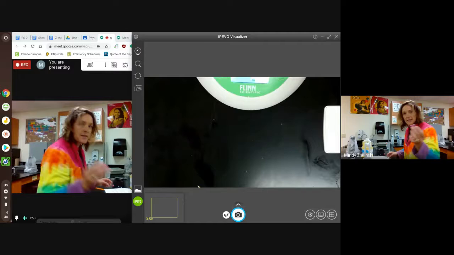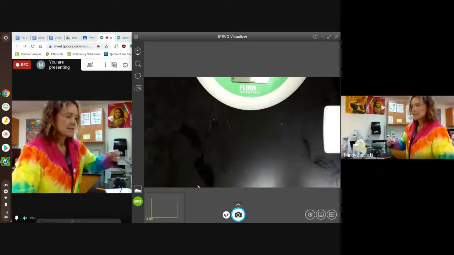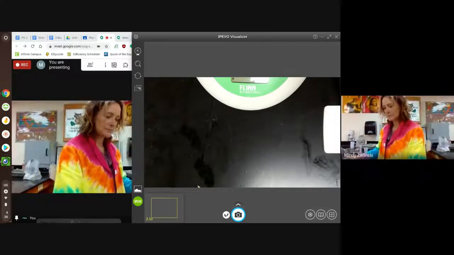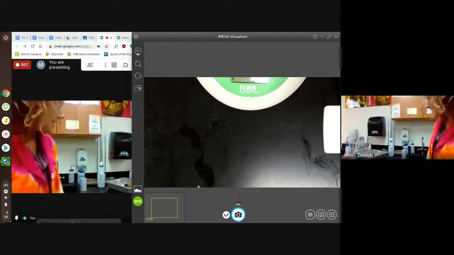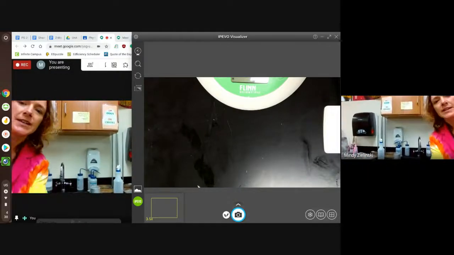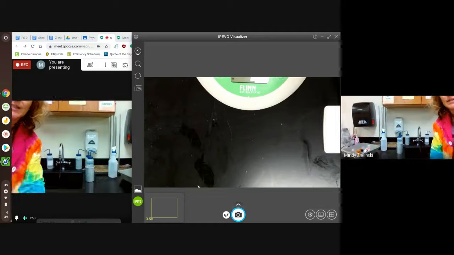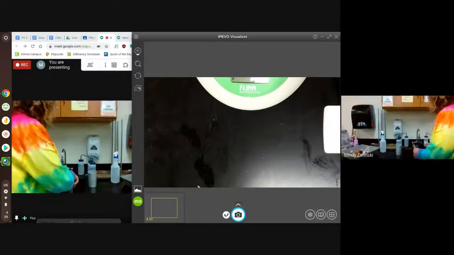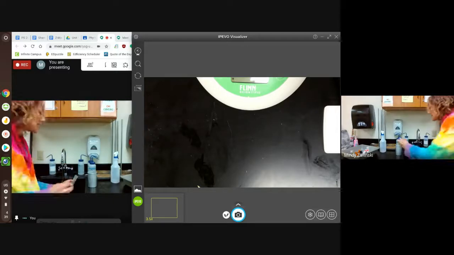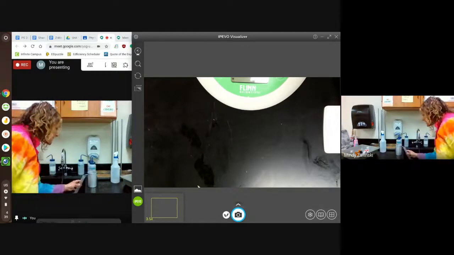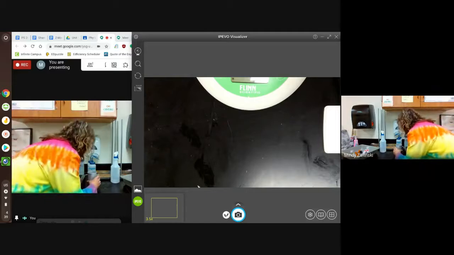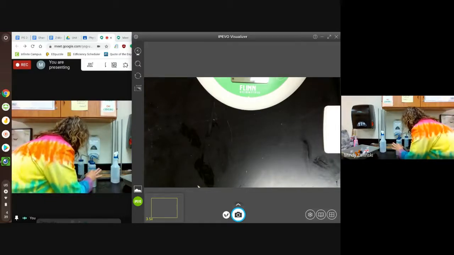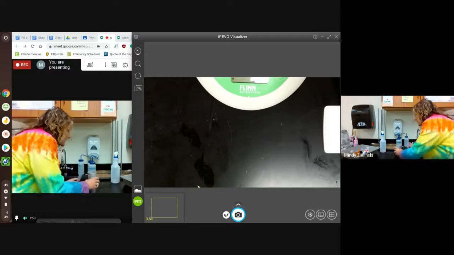Now let's take this over, and this is the last thing we want to find the density of. And we're going to that overflow can again. Now, while we were getting the mass, we already have filled this up, so it's probably pretty ready for us to put it in and collect what this half a piece of clay might do. Holy Moses. Did I really fill it up all the way? Hold on, you guys.